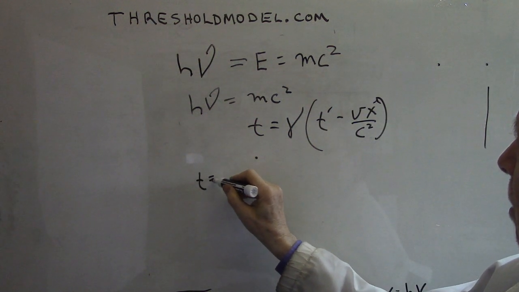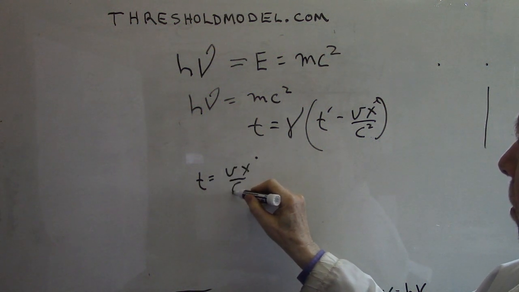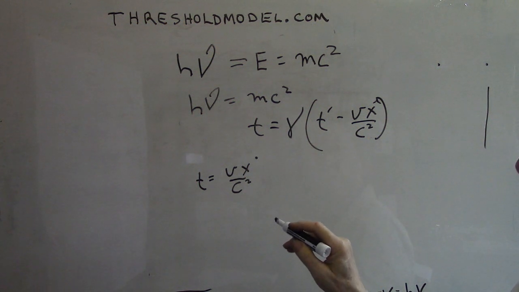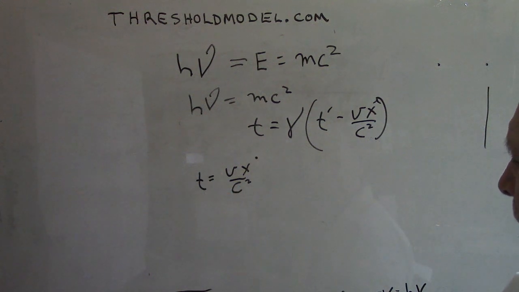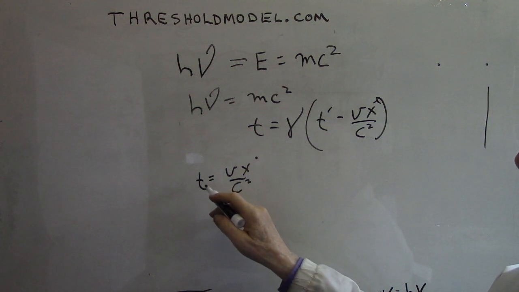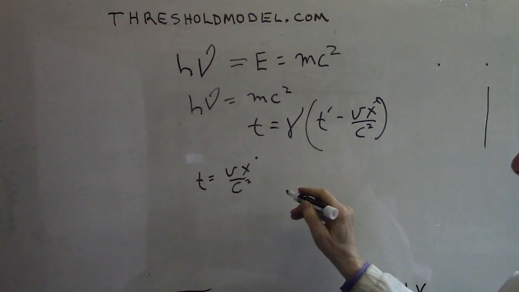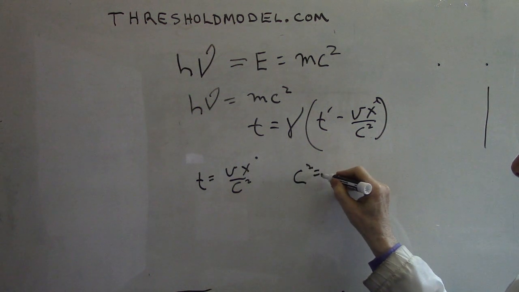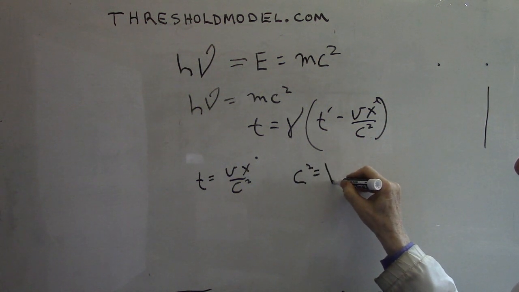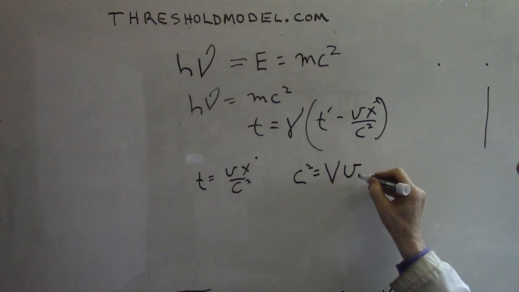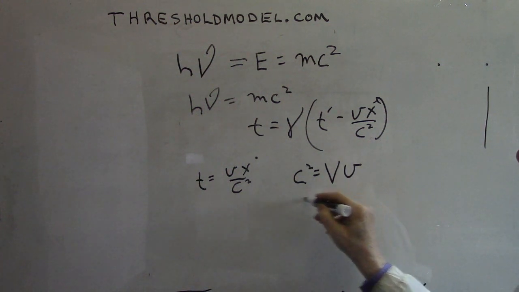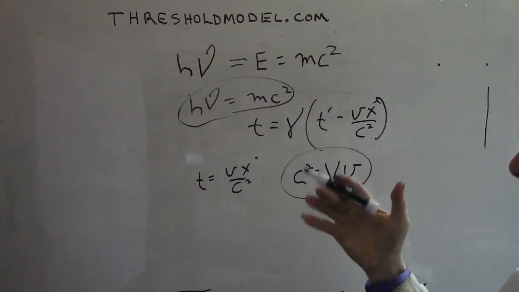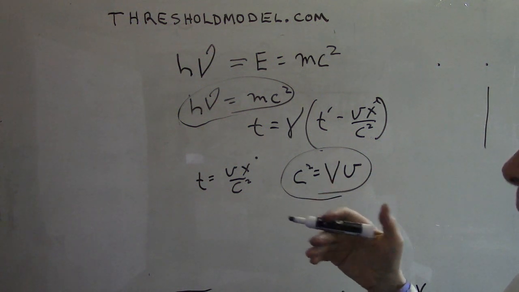So we have time is equal to, and from this you could say what time is, and you can get this equation with c squared is equal to a phase velocity times a group velocity. And so he put these two equations together, and you can then derive his wavelength equation.